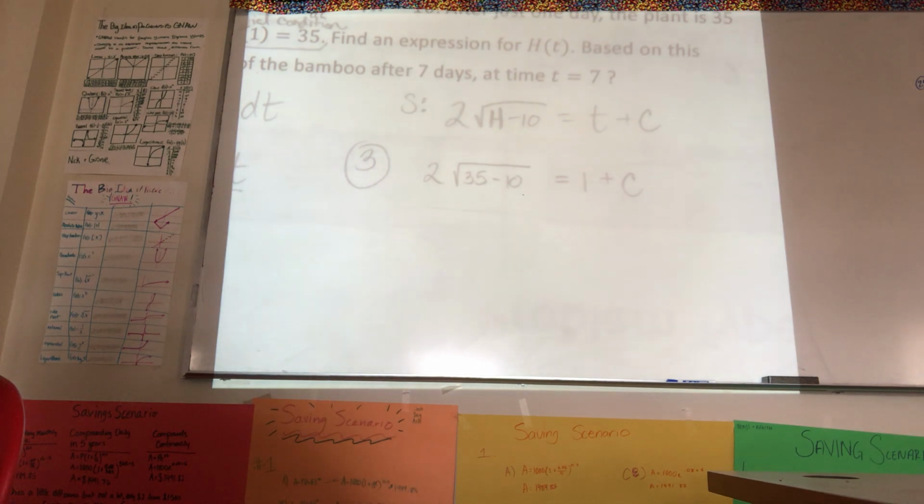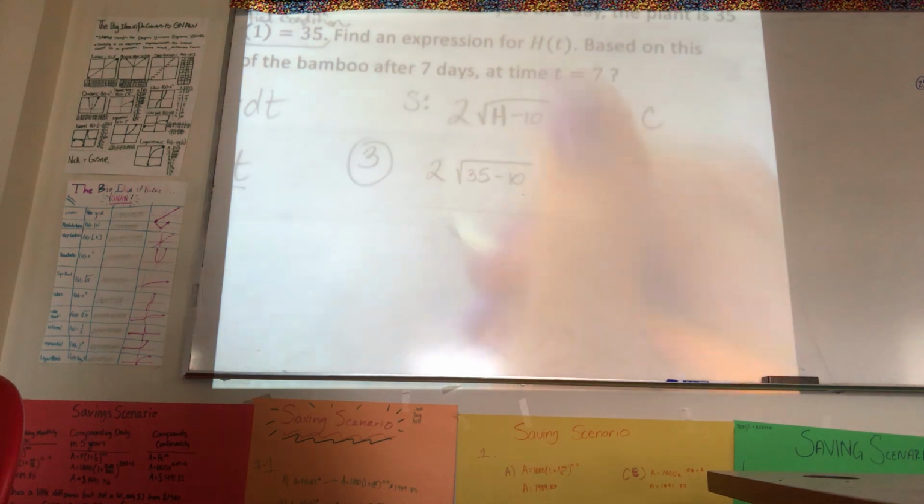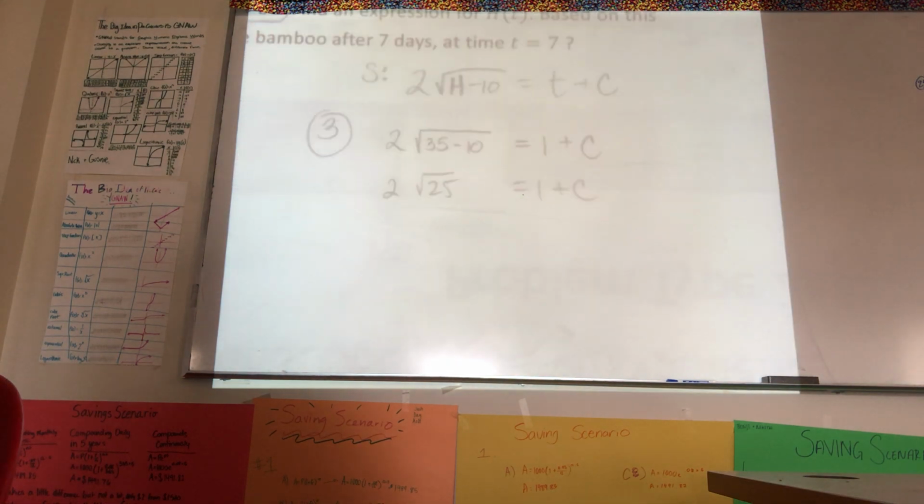Just make sure the 2 is on the outside though. 20 minus 10. This is 10. So 2 times 5 equals 1 plus c.